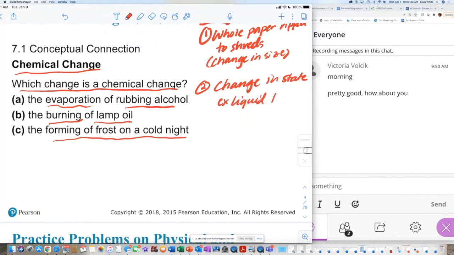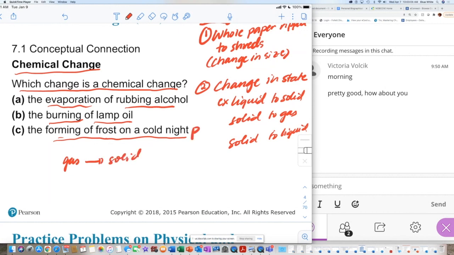Liquid to solid, solid to gas, solid to liquid, and vice versa. All of these are part of physical changes, right? Fundamentally, the chemical is still the same. So forming frost is going from a gas to a solid. So that will be physical change.